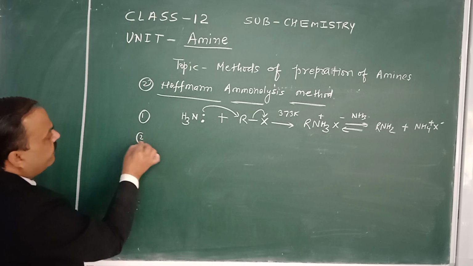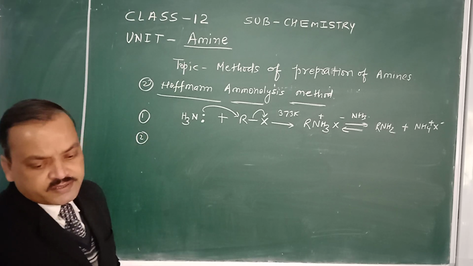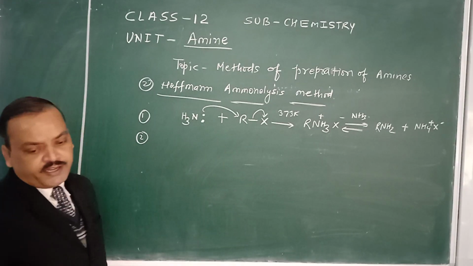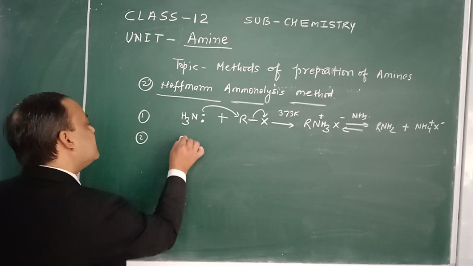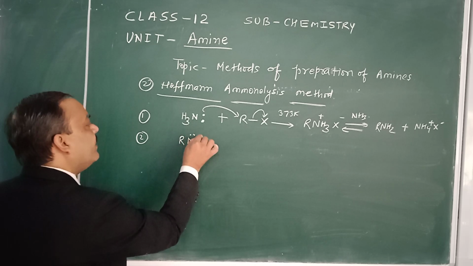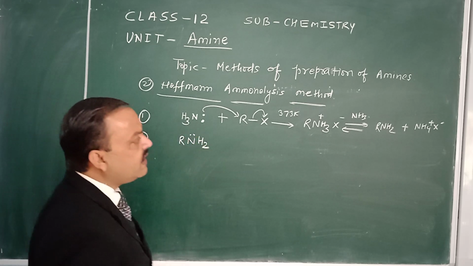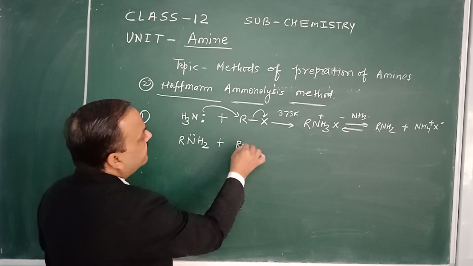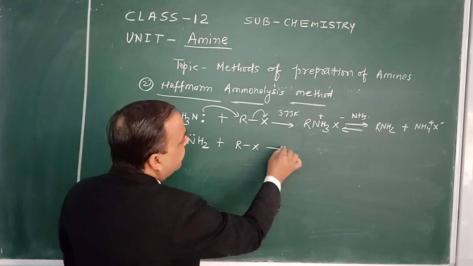Now if we continue with this process, we get the secondary amine from this primary amine. In the second step we have RNH2, and we react it with the alkyl halide.